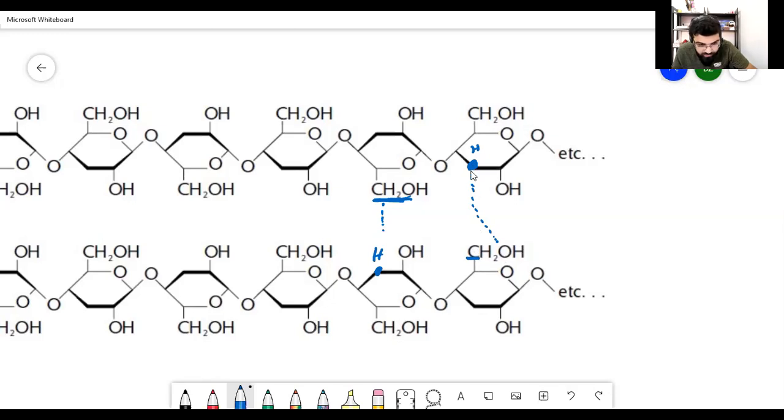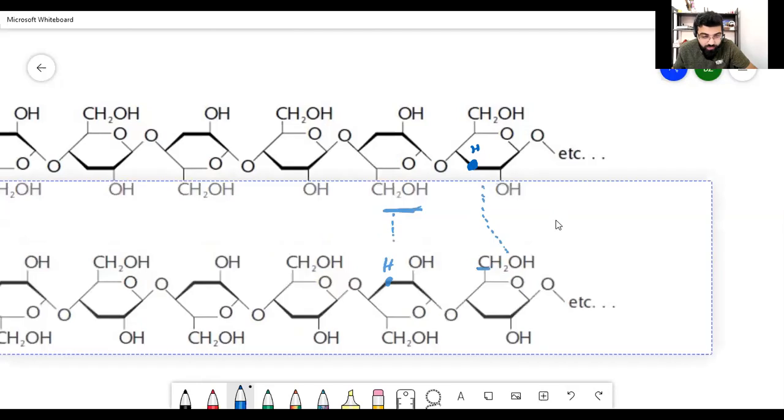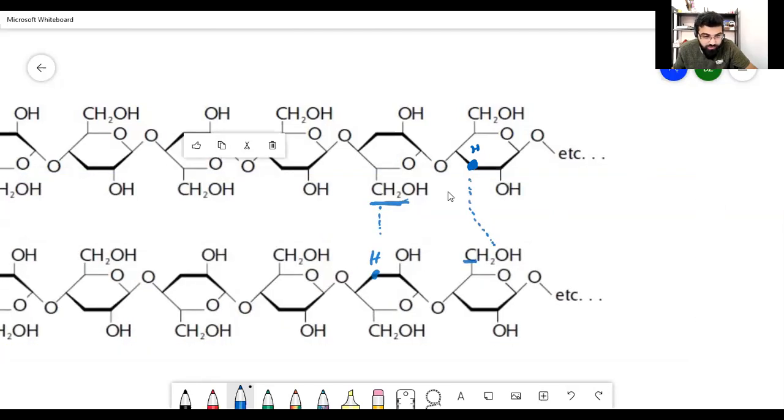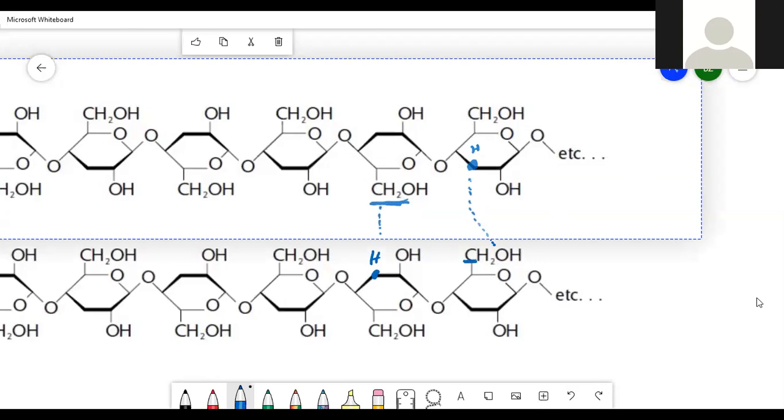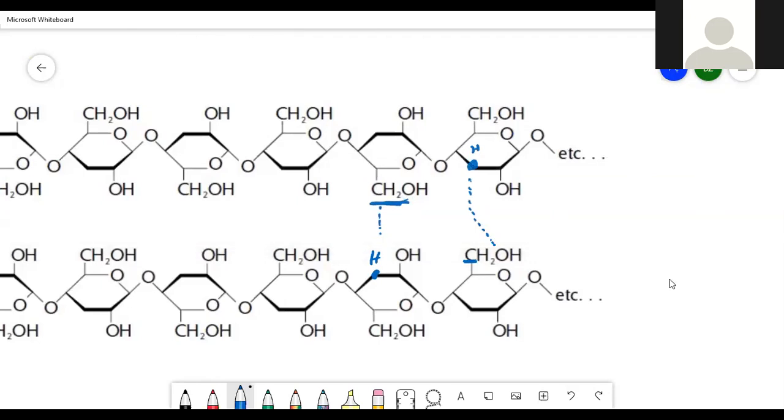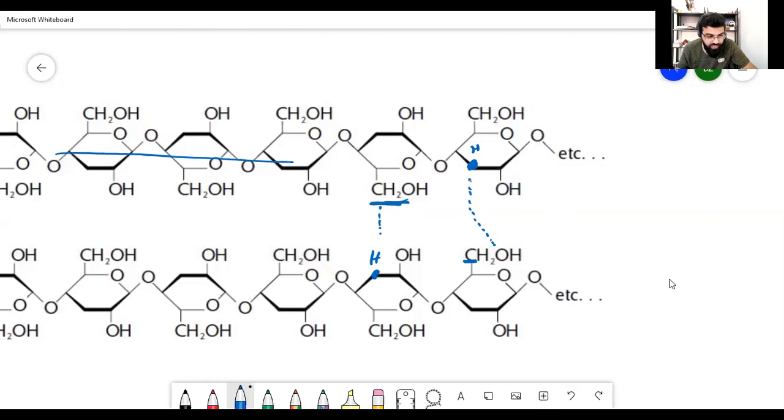So the hydrogen from here and the oxygen from here form a hydrogen bond. They link together by hydrogen bond, not a glycosidic one. These hydrogen bonds between this chain and this chain allow many strands, or many chains, to link together.